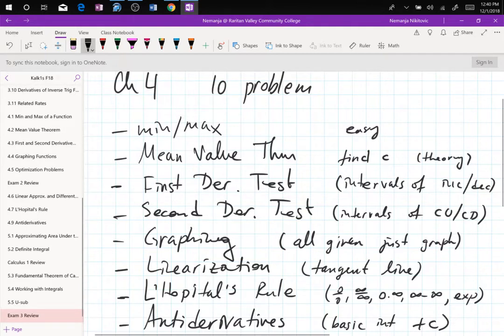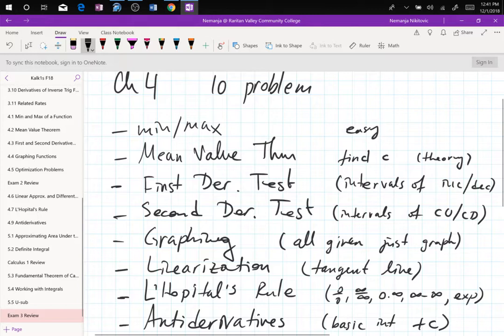If you don't feel like learning that, even though you're going to need it in Calc 2, because you'll expand on it, you can just use the regular tangent line procedure.